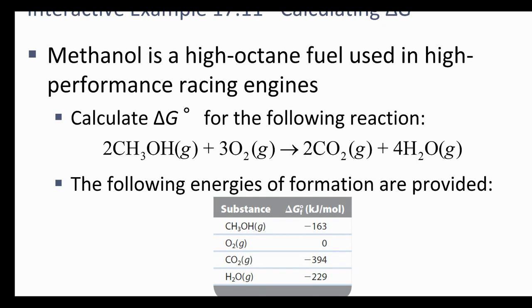Just as an FYI, again, what your book does is it distributes this negative. So it's going to show this as negative, and if this was a number, it'd show that as negative. I don't do it that way. I add them and then just subtract that quantity.